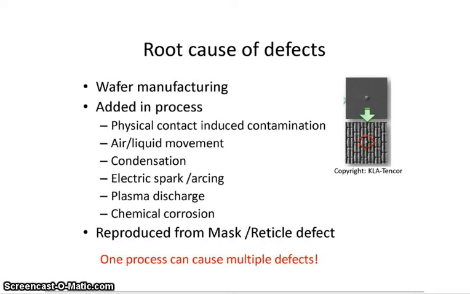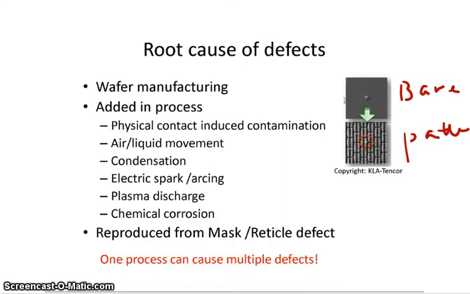Here is an example. This is a bare silicon wafer, and this is the patterned wafer. A bare silicon wafer particle can cause a big bridging after patterning. So this is from the wafer itself.